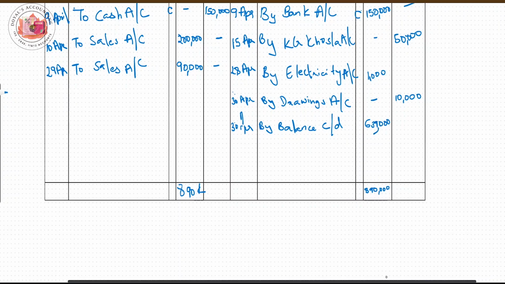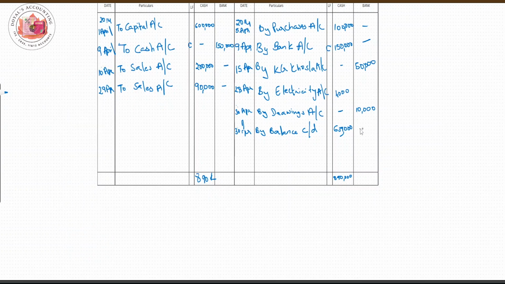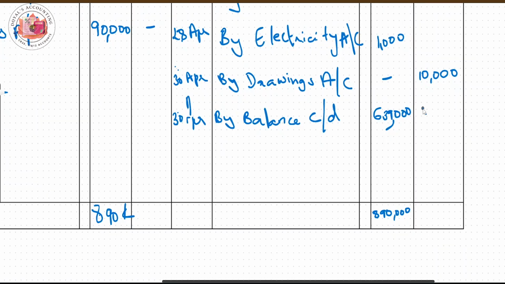Now I'll do the same procedure for the bank. Bank is 1,50,000 on my debit side minus 50,000 and 10,000, so 60,000. So that gives me a closing balance of 90,000. Closing balance of 90,000 and a total of 1,50,000.